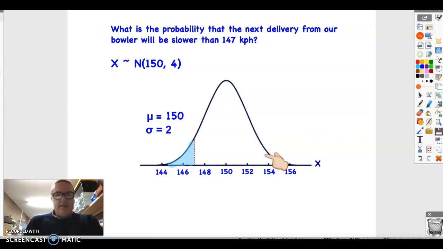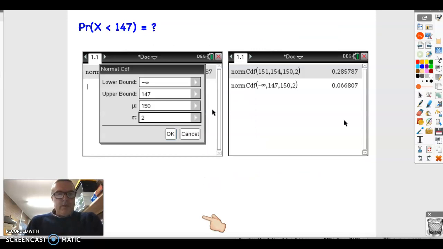Here's a different question about the same distribution. What's the probability that our next delivery will be slower than 147? You can see here our same distribution, but now I've shaded in an area that is below 147 kilometers per hour on the horizontal axis. Going back to our normal CDF function, we're going to use negative infinity as our lower bound.